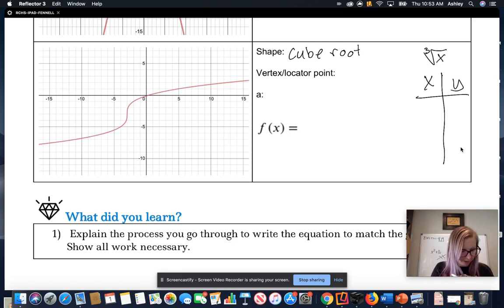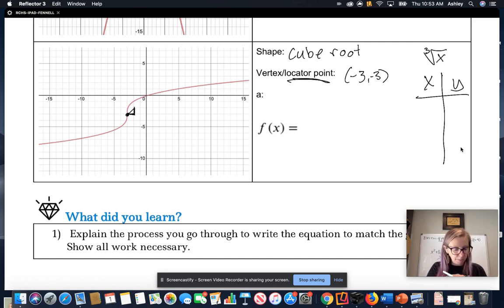All right, so let's identify our locator point. Again, this is a locator point because it's kind of that turnaround point. It's not a vertex. Okay, so this appears to be at -3, -3. That is my locator point. And then normally, if I were to go over 1, I would go up 1, right?